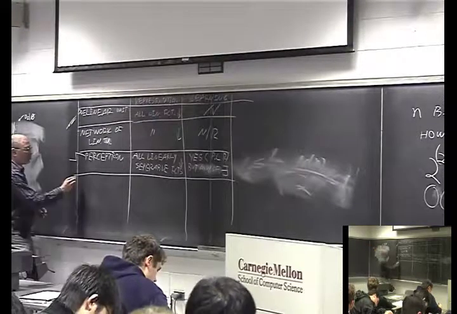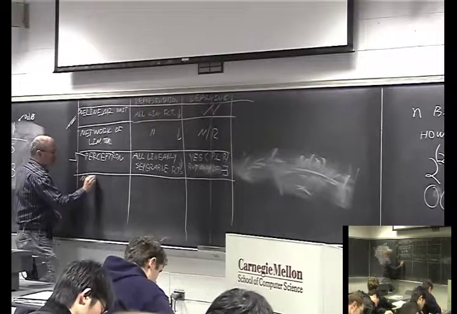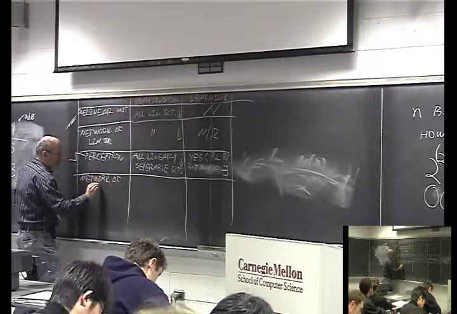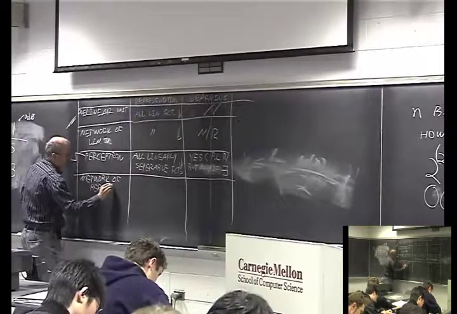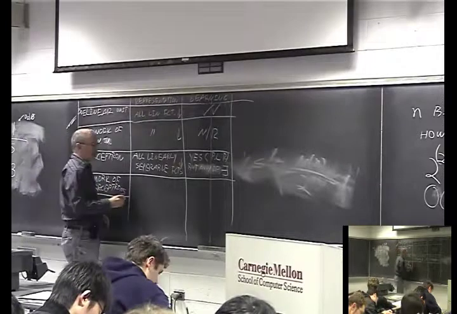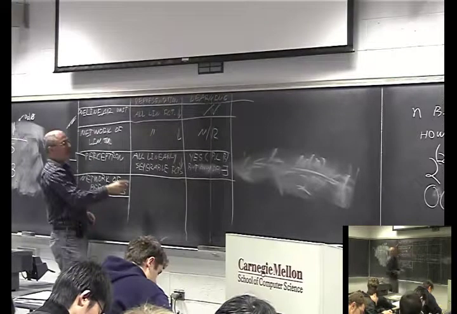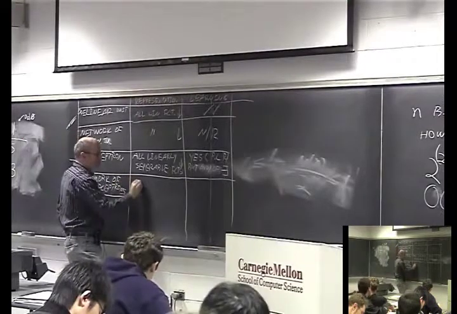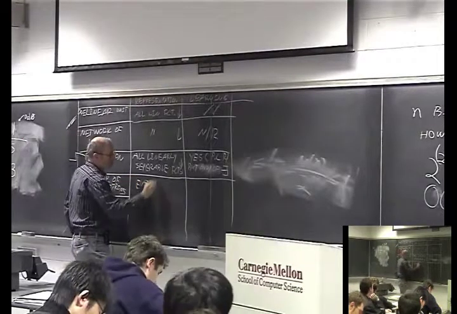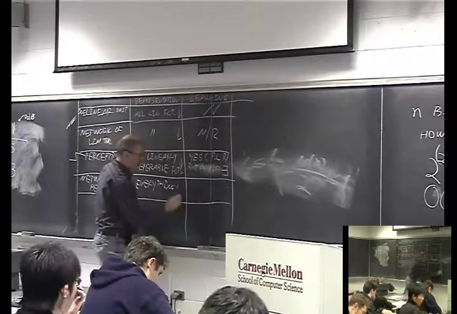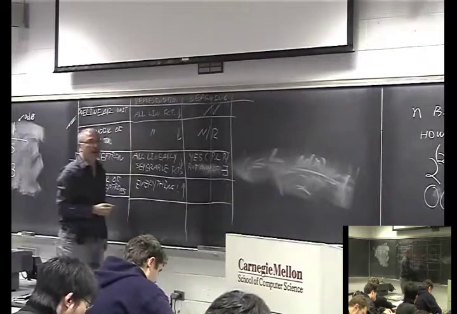Okay, now we have a network of perceptrons. And what do we got here? Everything. So now we're happy. Here we're happy.